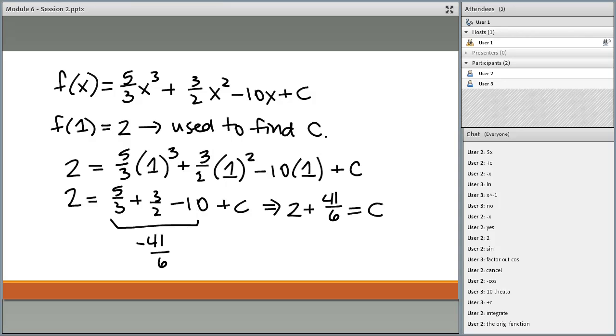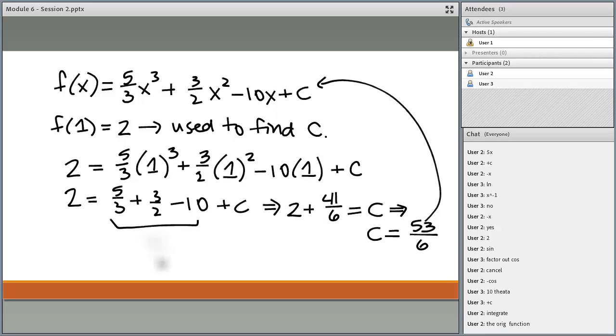So I have 2 plus 41 over 6, when I add that over to the left, equals the constant. So that we get that the constant is 53 over 6. And we can take that constant and plug it back in there, and that will give us what the original function is.